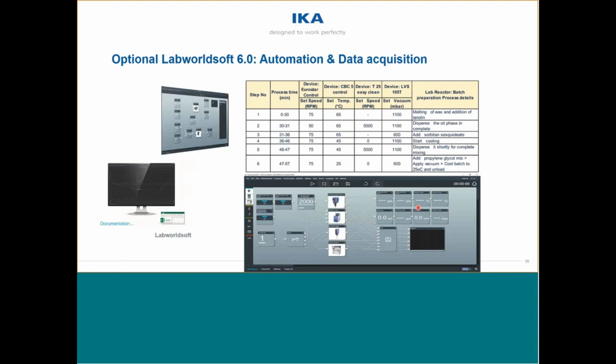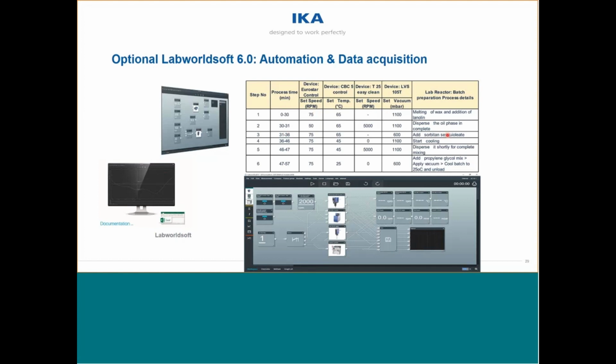And if you require an automation process, you can use our LabSoft and set the process time, the RPM you require on your overhead stirrer, the temperature on the temperature control unit, the dispersing RPM and the vacuum. You can preset all these parameters and your process time.